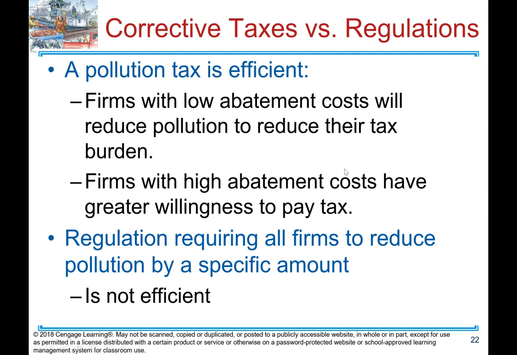Farms with low abatement costs will reduce pollution to reduce their tax burden. Farms with high abatement costs have greater willingness to pay taxes. Regulation requiring all farms to reduce pollution by a specific amount is not efficient.